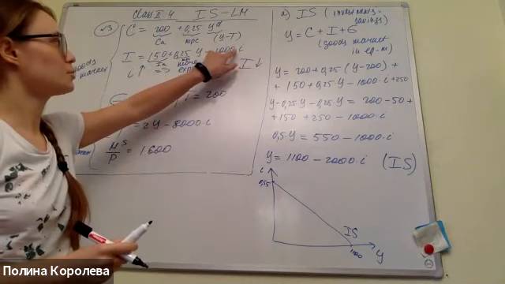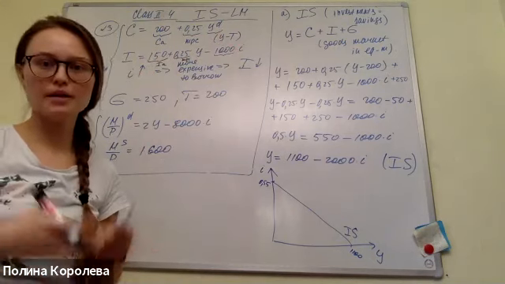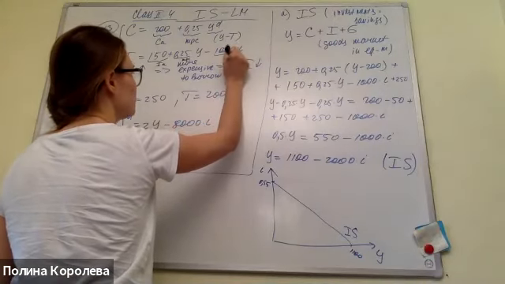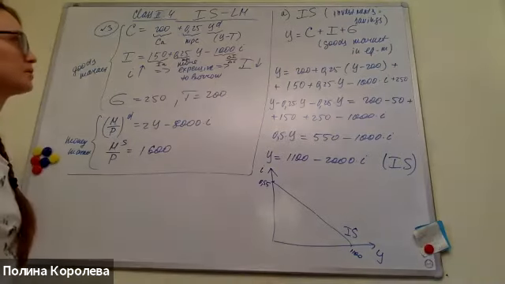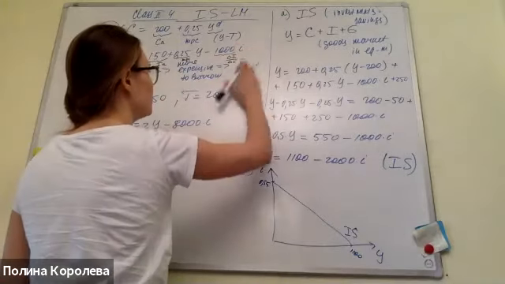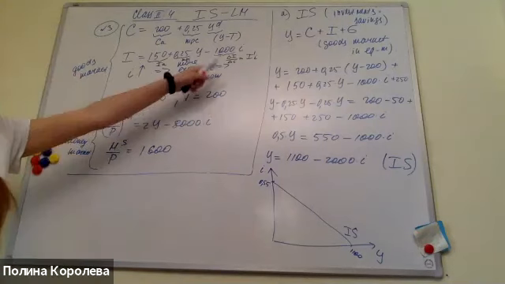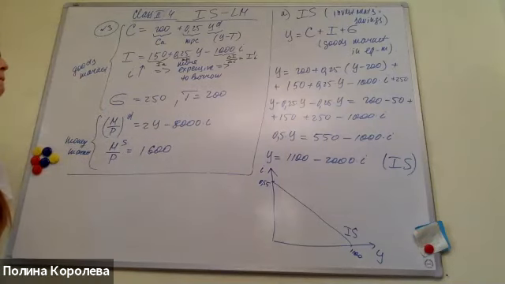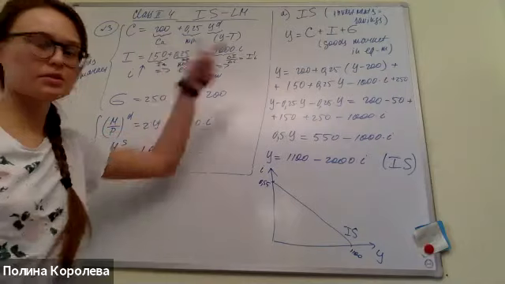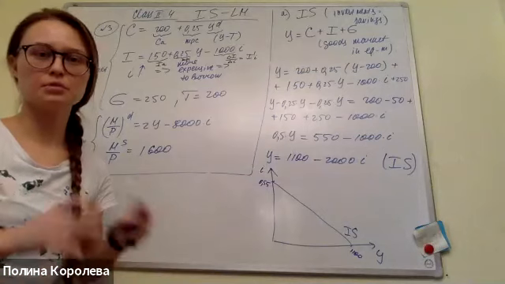This 1000 will show us how investments will change if interest rate changes by 1%. This is the change in investments when we have a change in interest rate. Or you can write it not in changes, not in deltas, but as a derivative, if these changes are very, very small: delta divided by delta, as when we were talking about multipliers. I think you are familiar with such things.